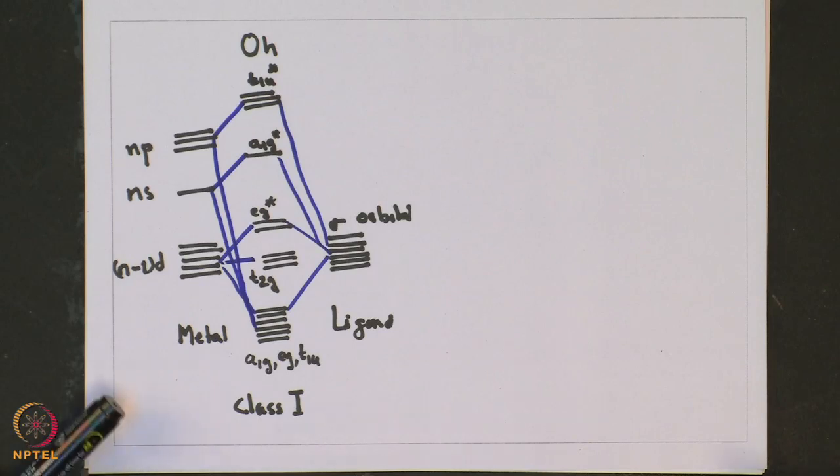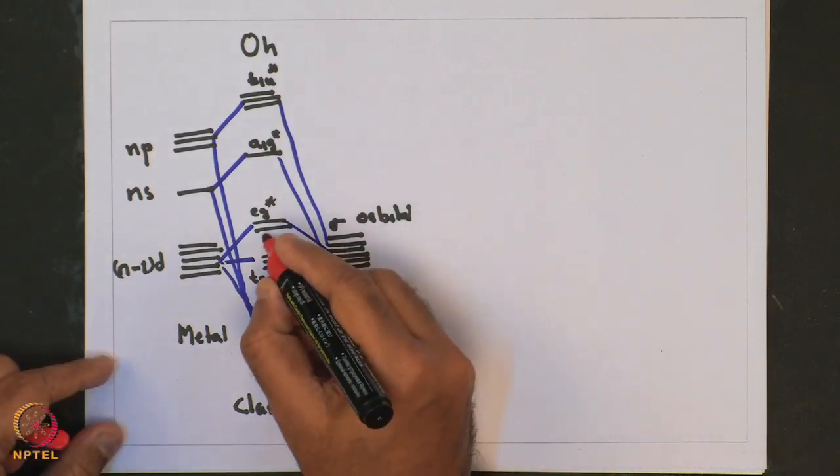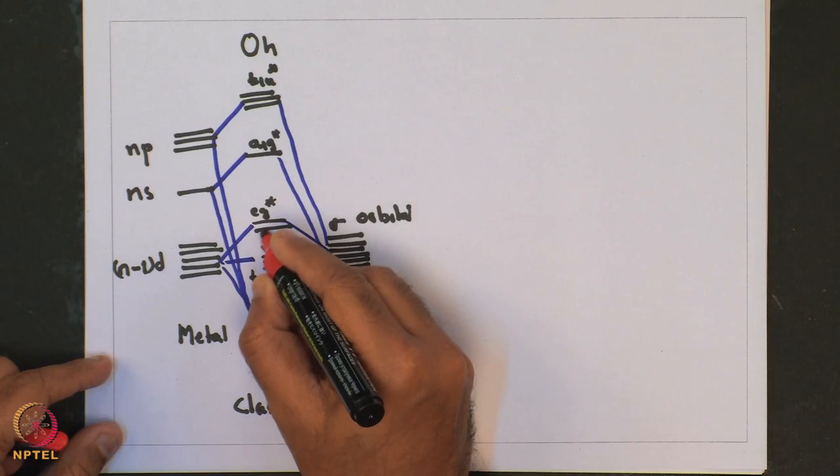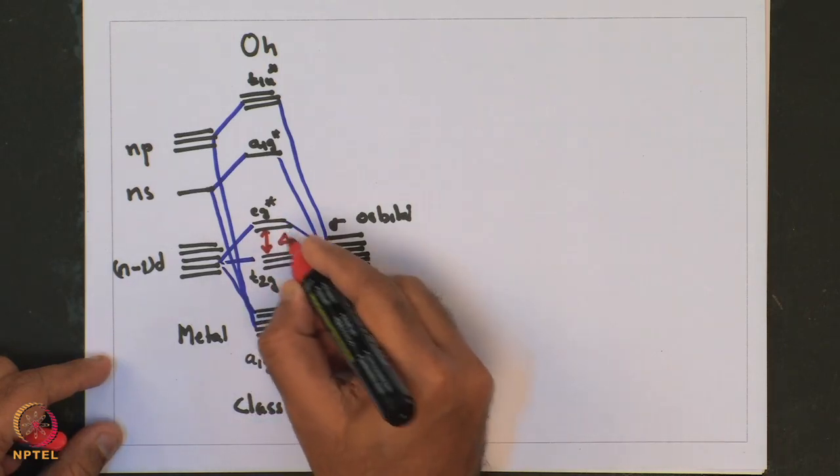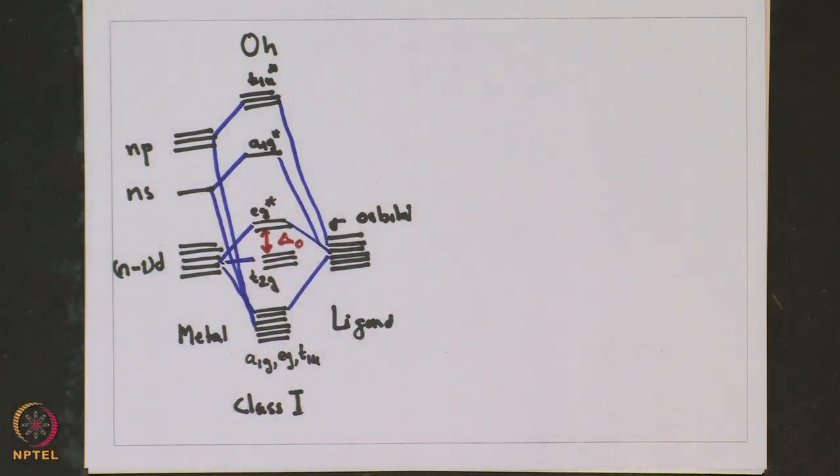So, this is what we had seen in class 1 compounds, and the term of foremost interest is the difference in energy between T2g and Eg star, referred to as delta 0.